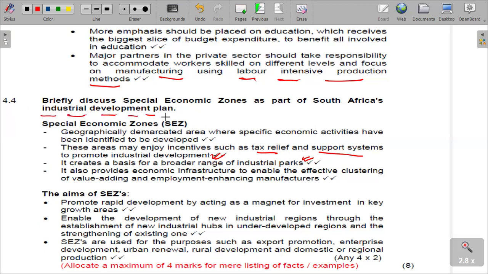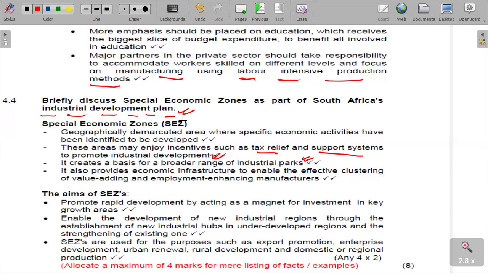You should understand that these plans have to do with industrial development. So it creates a basis for a broader range of industrial parks, which also provide economic infrastructure to enable the effective clustering of value addition and employment enhancing manufacturers.